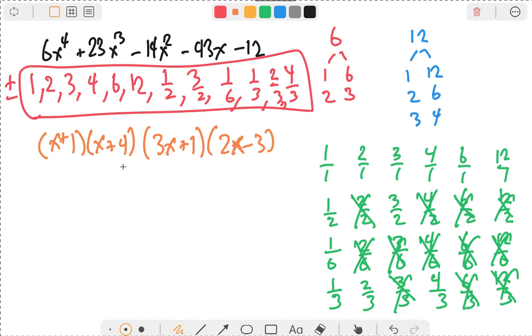Once you find these two, use the quadratics, or you can try to factor it. Or this could be x plus 1, x plus 4. 3x plus 1 is a factor, gives you an x of negative 1/3.